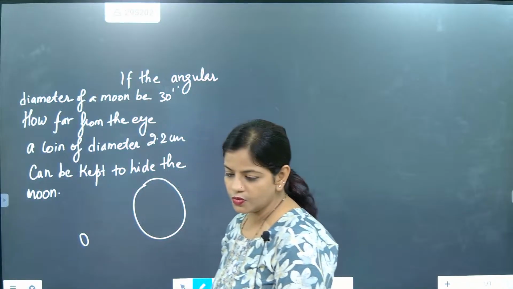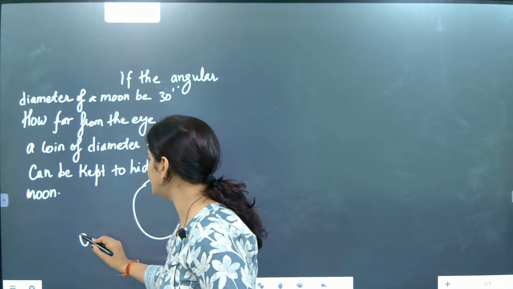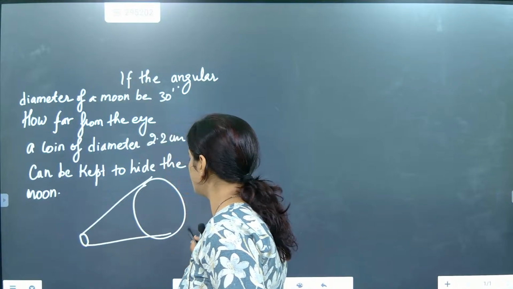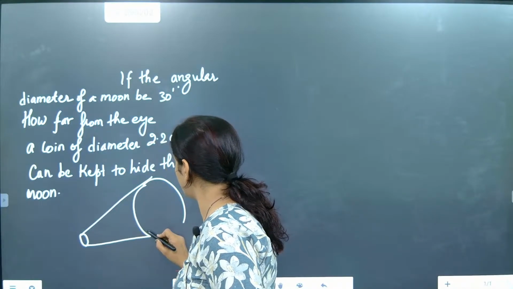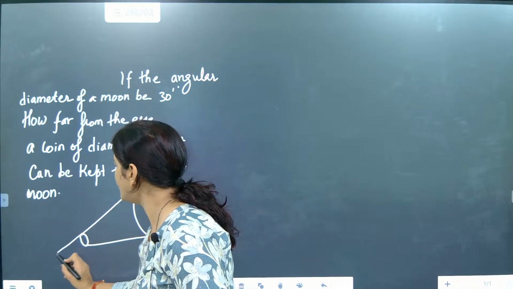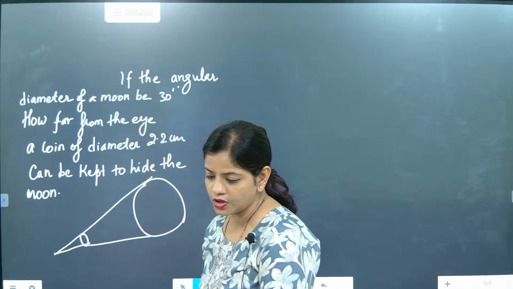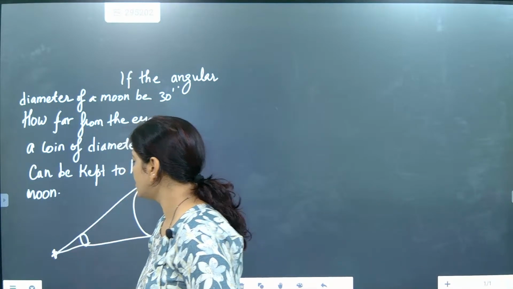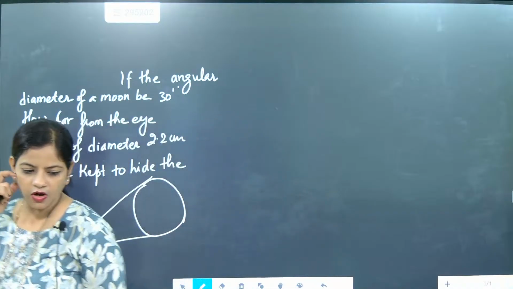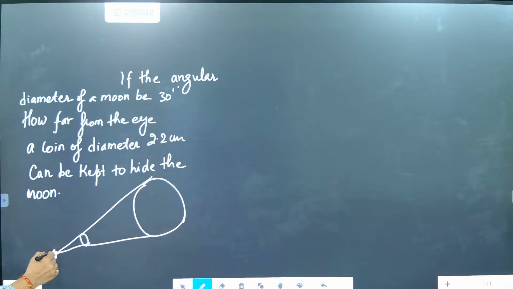We are keeping the moon and the coin in such an alignment so that we will be able to hide the moon in the eye of the observer. So this is the observer and this is the point here.